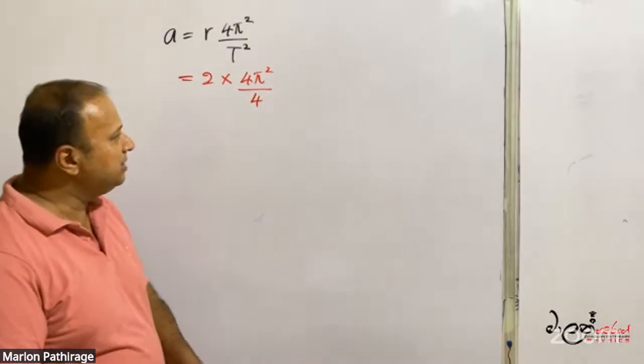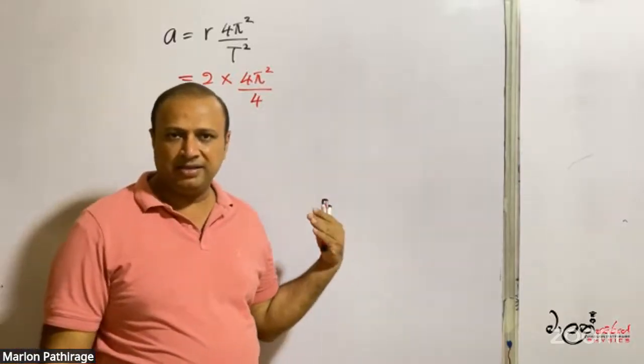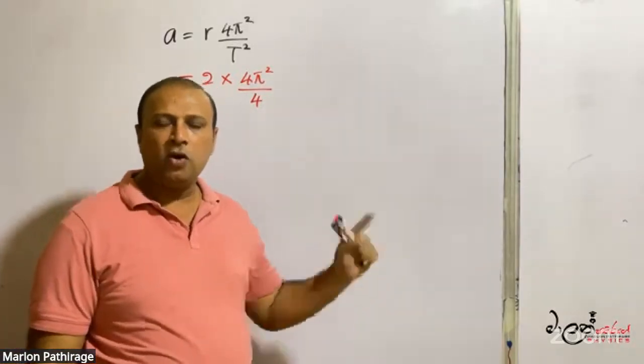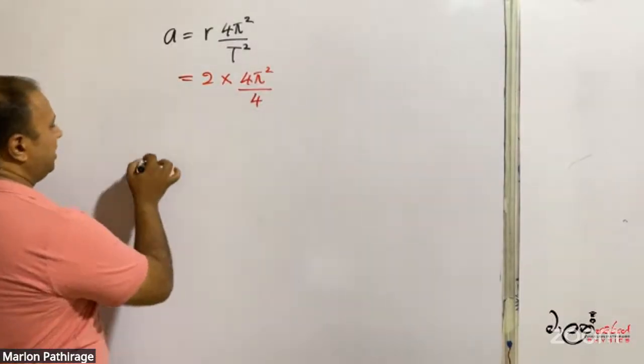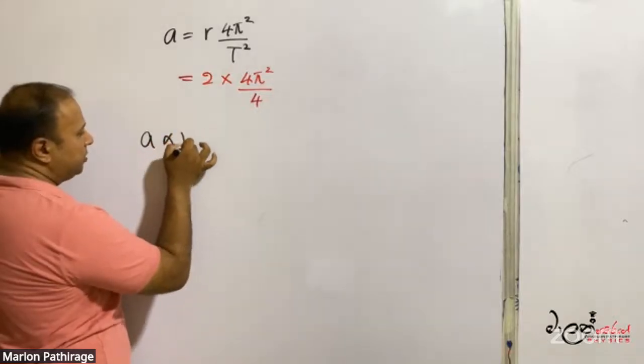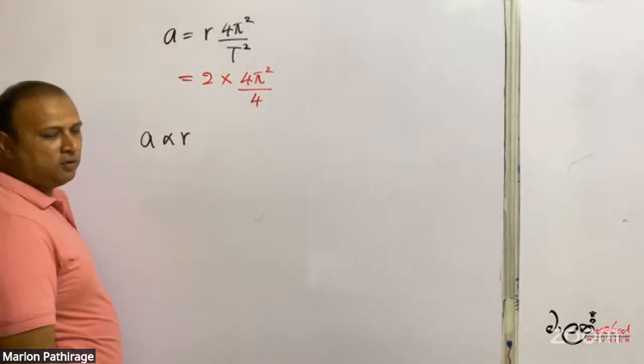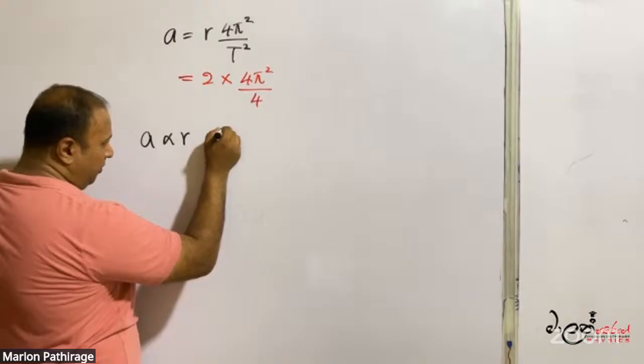Then you know a equals r omega squared. Therefore, if omega is a constant, definitely acceleration is directly proportional to the radius, because omega squared is a constant.